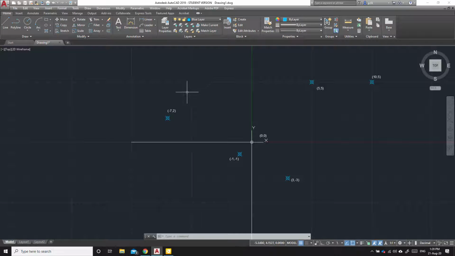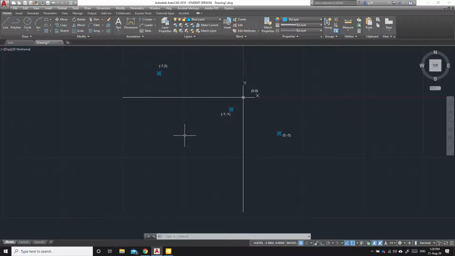In quadrant 2, all of our coordinates are a negative x value, that's why you see a negative 7, and a positive y value, hence the positive 2. Moving down below that, we are now below the x-axis, and we are also to the left of the y-axis.